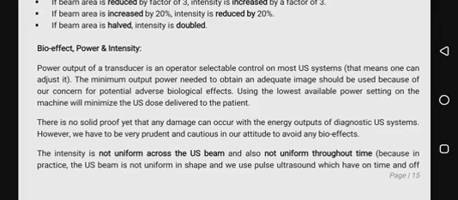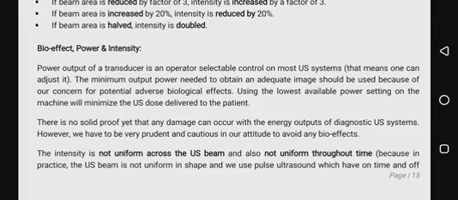The minimum output power needed to obtain an adequate image should be used because of a concern for potential adverse biological effect. Using the lowest available power setting on the machine will minimize ultrasound dose delivered to the patient.